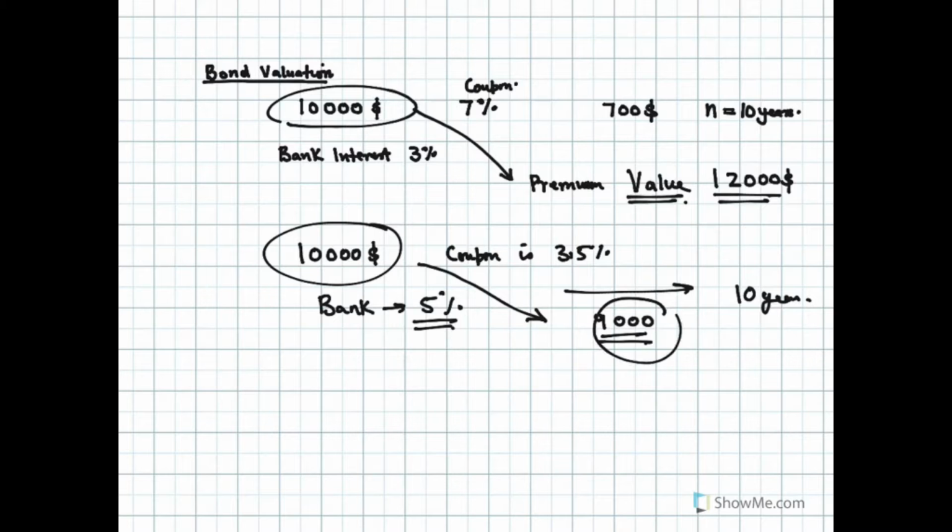So this is called the value of the bond, which we will call V. This is called the face value. This is called N, the number of times you are getting the coupon. I'm going to give you a formula for that and then I will tell you how to apply that.